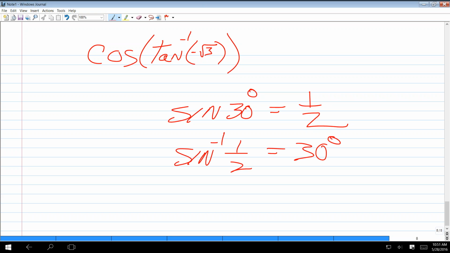Very important thing to comprehend. So if I give you a triangle and I say solve for an angle, you're going to have to use an inverse trig function at some point in time. Right. When you have a combination like this, where you have cosine of the inverse tangent, well, we have to start from the inside first.